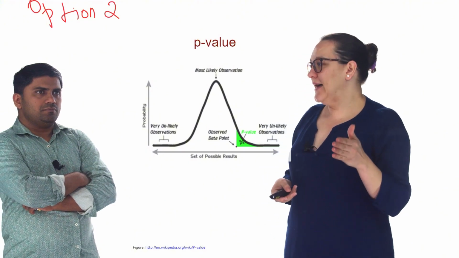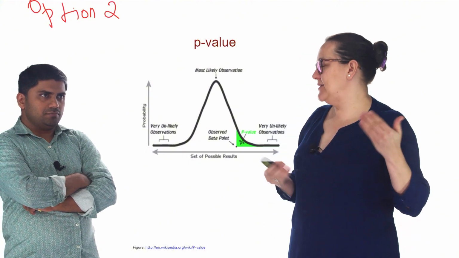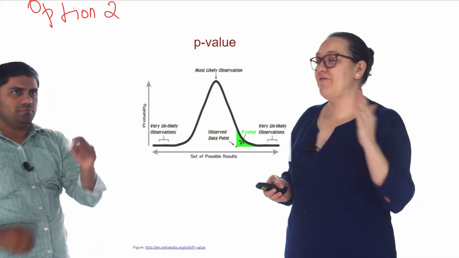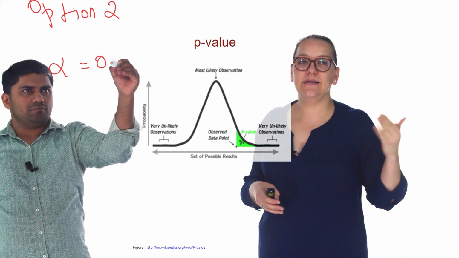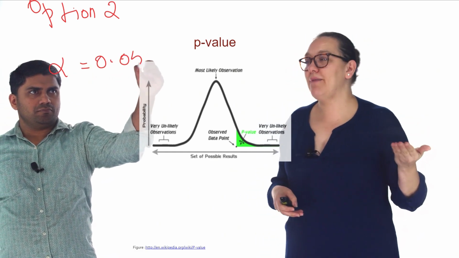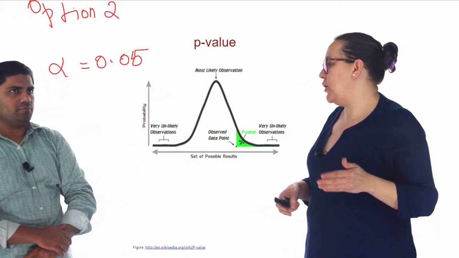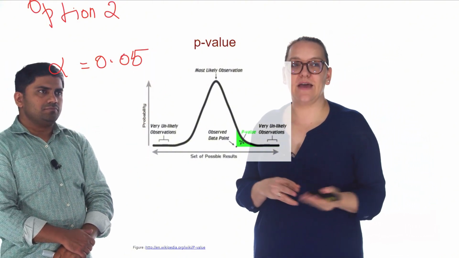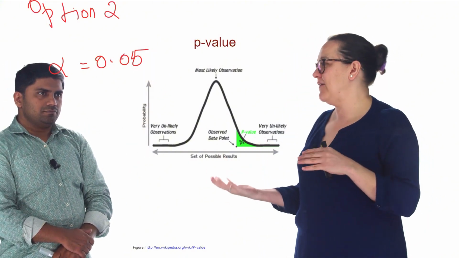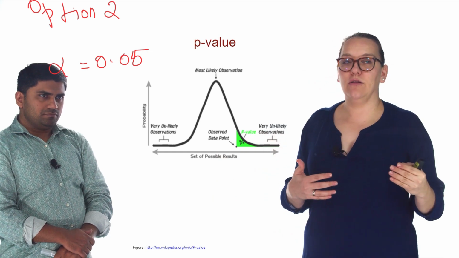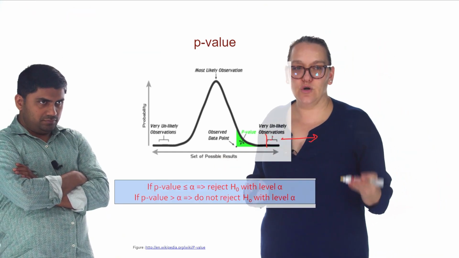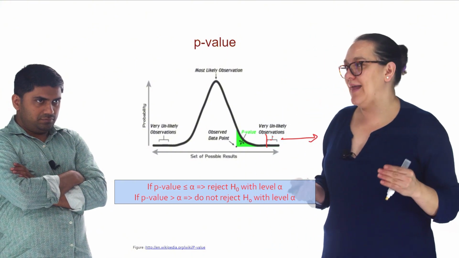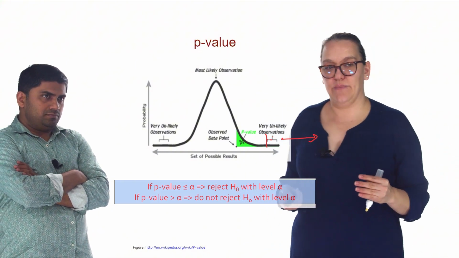Then we compare that with alpha, in this case 0.05. If the p-value is smaller than alpha, then we reject the null hypothesis. This is the general rule that you can use when analyzing the data.